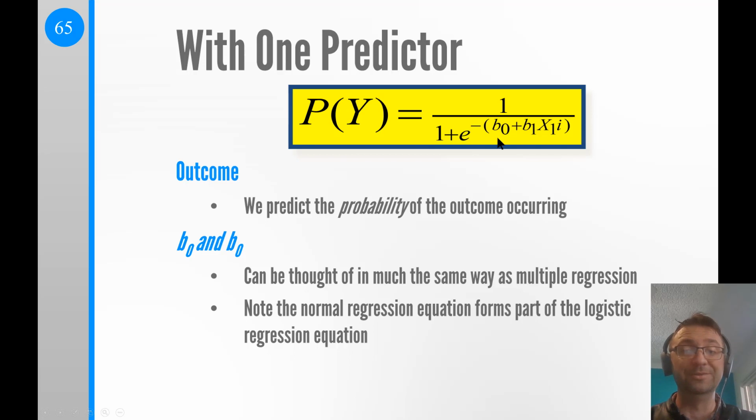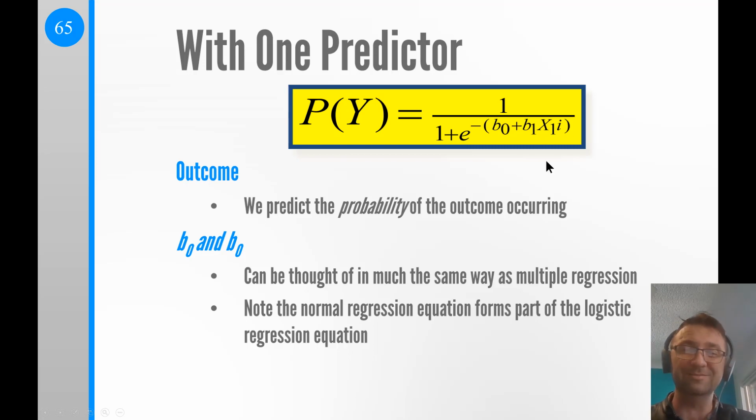This is the model which looks terrible, right? You're like, oh, that's freaky. But actually, the reality is, if you zoom in and look at what's in the brackets here, e to the power of minus this, it is just a linear model.